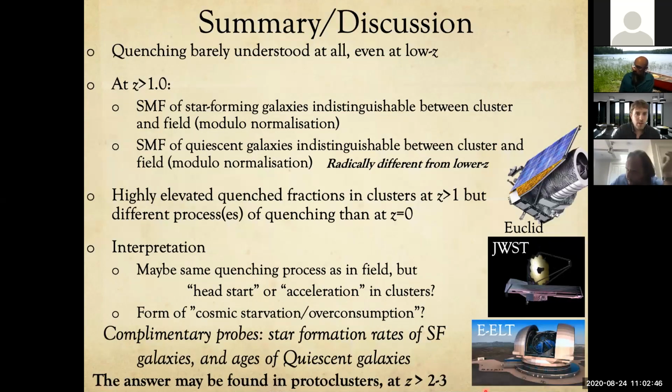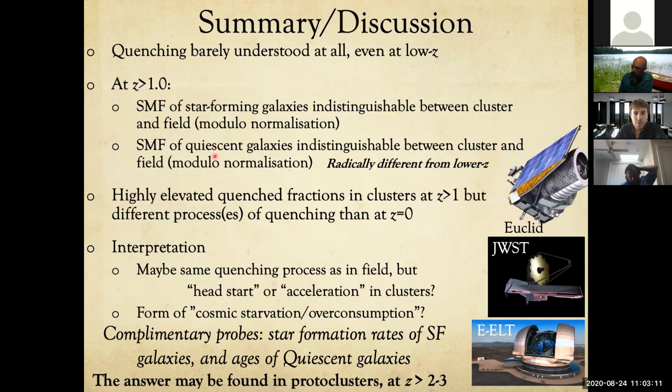Okay, I'm definitely running out of time now, so let me just quickly summarize what I mentioned here. Quenching is already barely understood, as Michael pointed out, even at low redshift. And at redshift higher than 1, it seems to be even stranger because it looks very different from the local universe. The stellar mass function of star-forming galaxies has an indistinguishable shape between the cluster and the field.